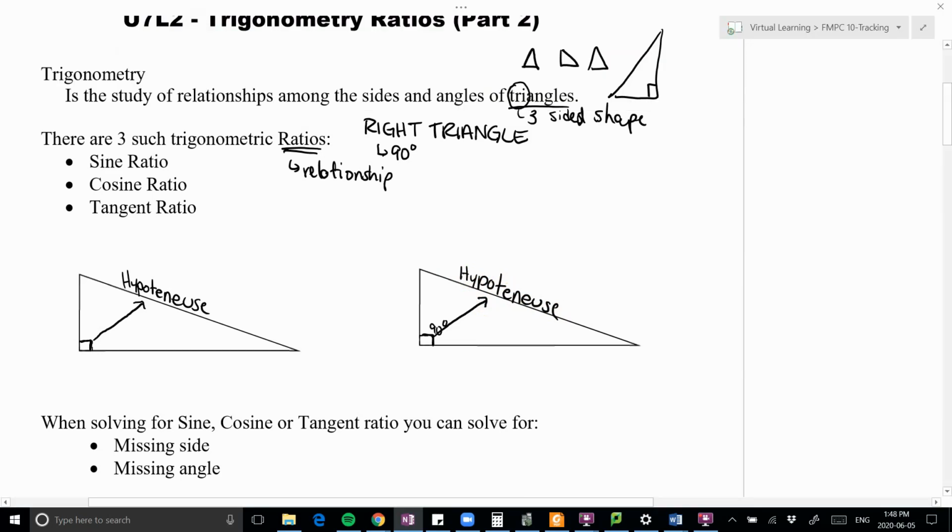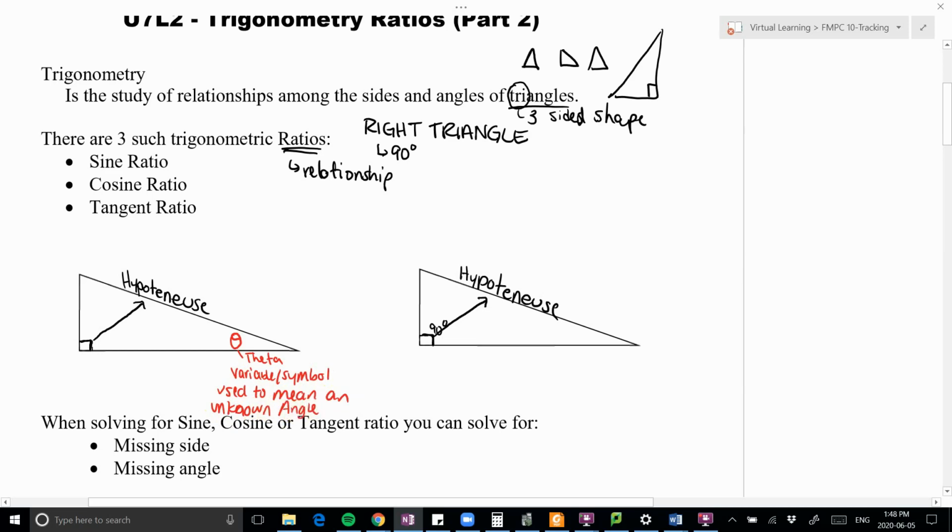Our opposite and adjacent depend on what angle you're looking at. So if I'm looking at this angle down here, and I'm going to use a new symbol today, this is what we call theta. Theta is the symbol, kind of like a variable, and we use it to show an unknown angle.